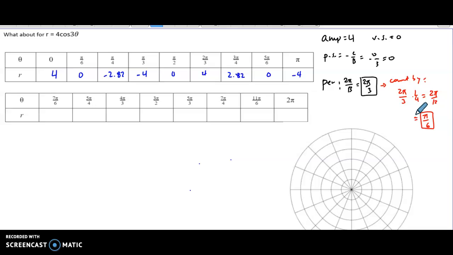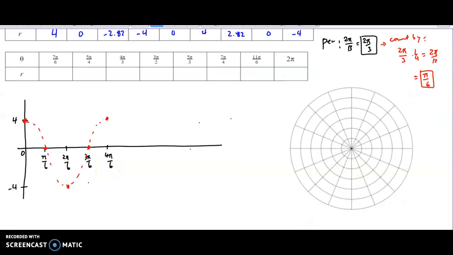I'm also going to show you what the trig graph would look like, okay? And let me do that real quick as well. Okay, so here's my trig graph, over on the left. We're counting up by pi over 6, and we end at 4 pi over 6, which is equivalent to 2 pi over 3.